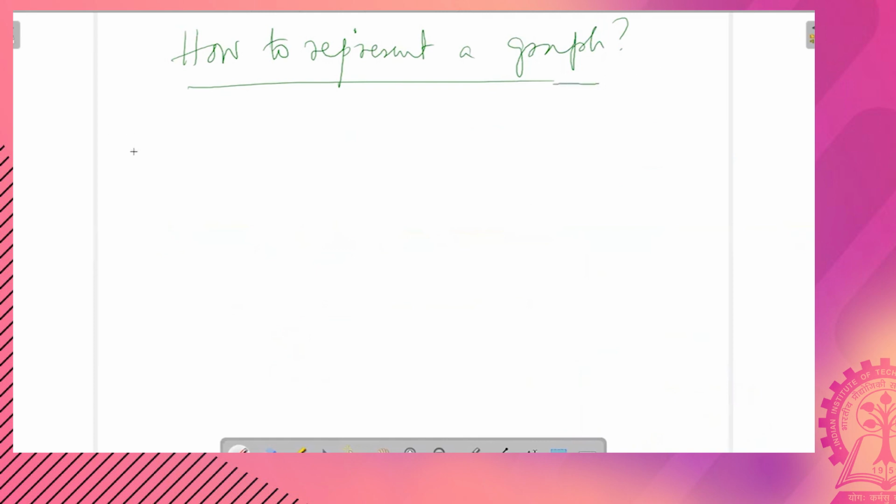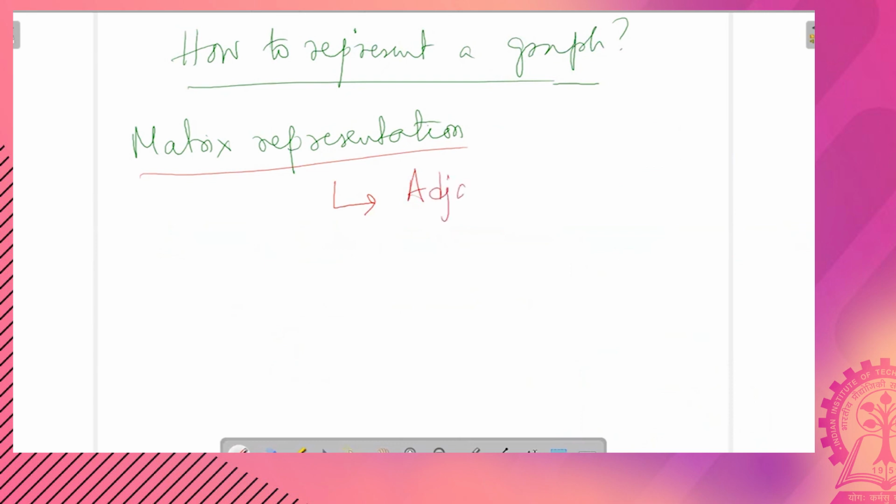The first of these is a matrix representation. This is also sometimes called the adjacency matrix of a graph.